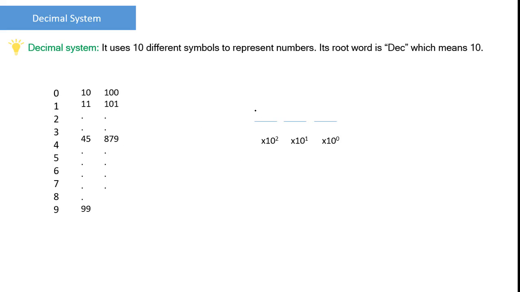Now let us take some random example, 456. The value of this 6 is 6 times 10 raised to power 0, which is nothing but 6, plus the value of this 5 is 5 times 10, that is 50. The value of this 4 is 4 times 100, that is 400. So the value of this number is 456.